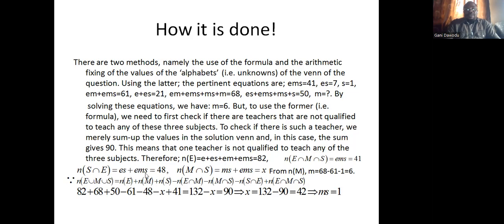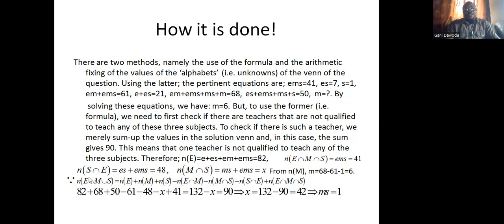In this case, when we summed up and removed that from the universal set, we found that there exists a teacher not qualified to teach any of the 3 subjects. However, by the time we say cardinality of E, we mean everything inside E; cardinality of M, everything inside M. From there, you can fix the formula.